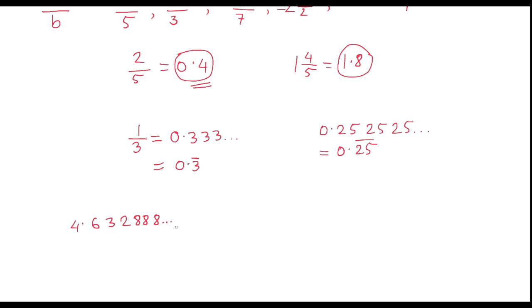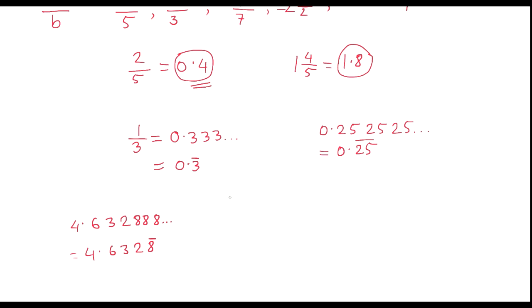That is also a repeating decimal. We can write 4.6328 with a bar over the 8 here. Okay. If you have some digits after the decimal point that are not repeating, but after that there is a pattern of repetition, this is also a repeating decimal.